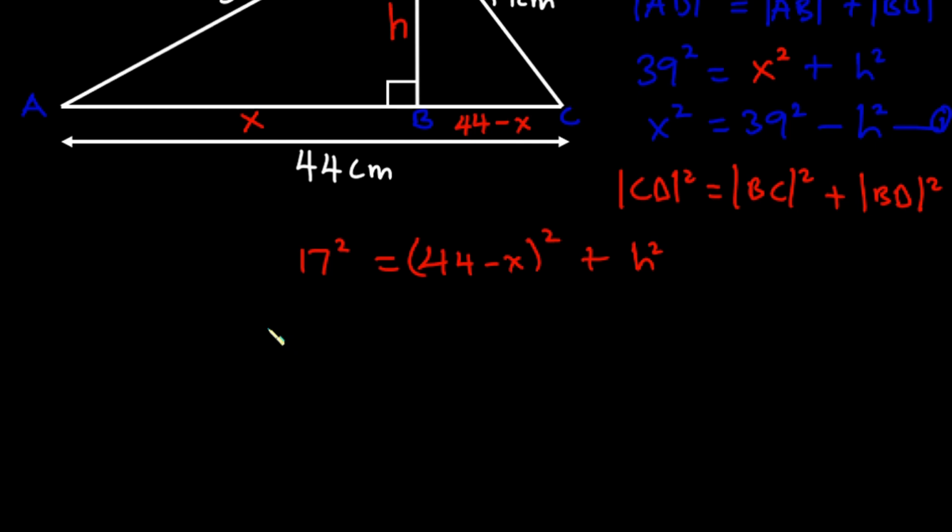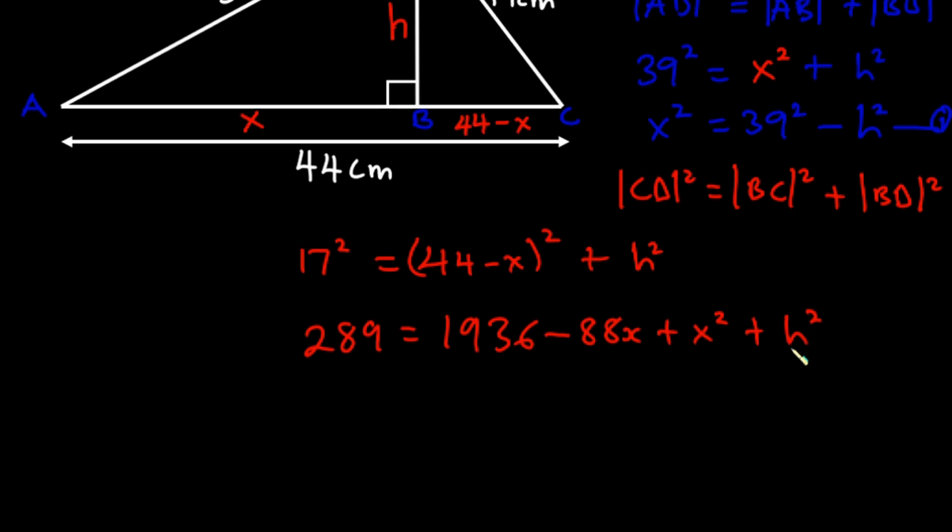Now let's go ahead and simplify this. 17 squared is 289, so we have 289 is equal to, now let's expand this binomial, so we're going to have 44 squared, which is 1936, then we have 44 times negative x, which is negative 44x, times 2, which is negative 88x, plus x squared plus h squared.